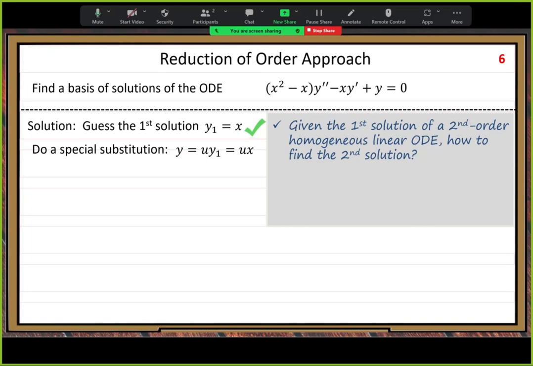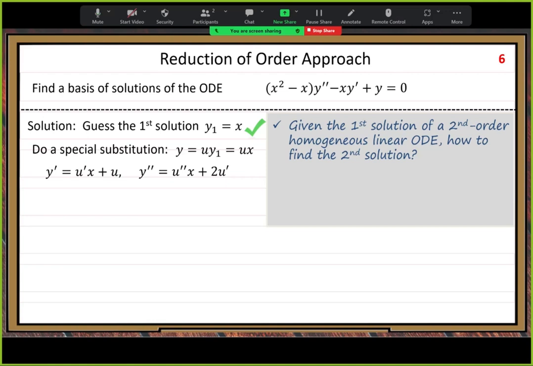This substitution works well. So let's plug in, simplify it and see what is the new ODE for the u function. We take y prime by the product rule, we have the derivative like this. We take the double prime, and after simplification we have this representation.